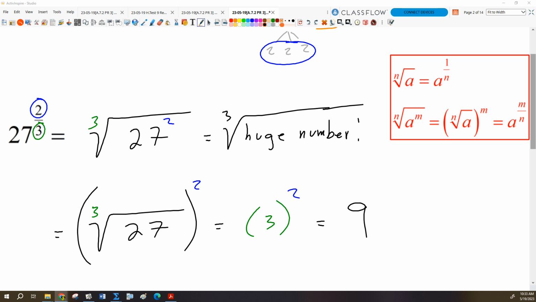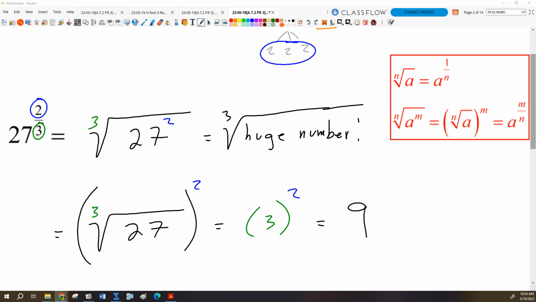When I take roots, they generally get small. So what would we rather do? Would we rather exponentiate first, so the middle step is a big number that I've got to take a root of? Or would we rather take the root first and get a small number that we exponentiate? Second one. So the moral of the story is, when I'm taking a number to a fractional exponent, do the denominator part first, do the root part first, and then take it to a power.